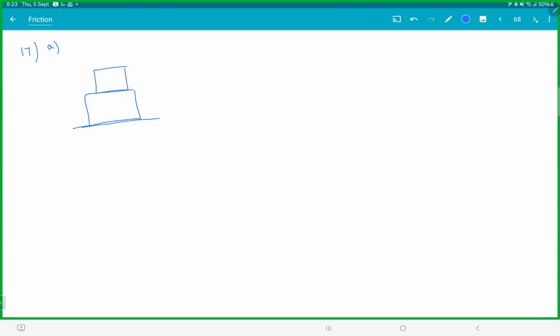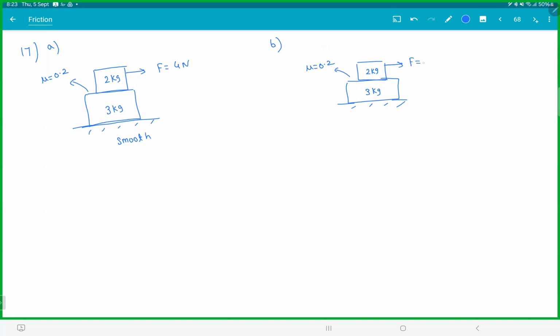We have two blocks here. The ground is smooth. This is 3 kg here. This is 2 kg here. The friction mu is 0.2. We are applying F equal to 4 newtons. Three kg, 2 kg, mu is 0.2. This time we are applying F equal to 20 newtons.